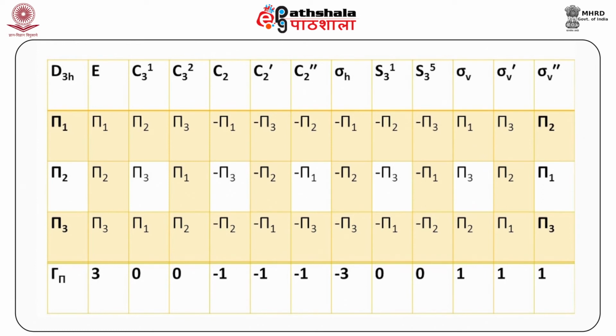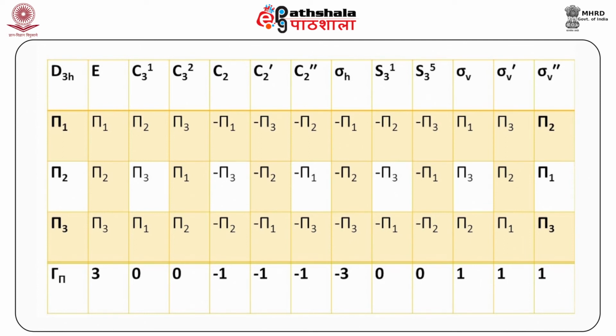If I take the effect of C3 operation, pi 1, pi 2, pi 3 are shifted to other pi orbitals. Pi 1 goes to pi 2, pi 2 goes to pi 3, and pi 3 goes to pi 1. Like this, we can study the effect of various symmetry operations on pi 1, pi 2, and pi 3. And by doing this, what we get, the overall gamma pi is 3, 0, 0, minus 1, minus 1, minus 1, minus 3, 0, 0, 1, 1, 1.